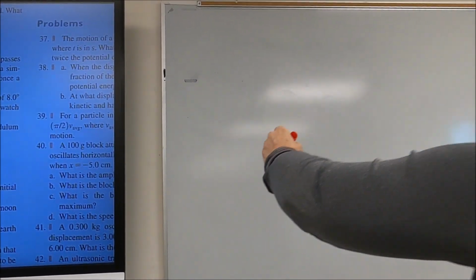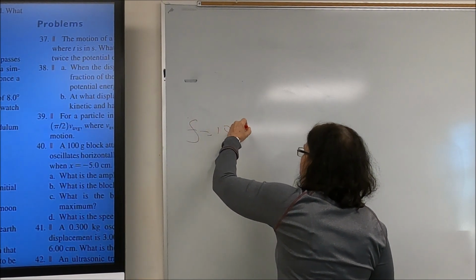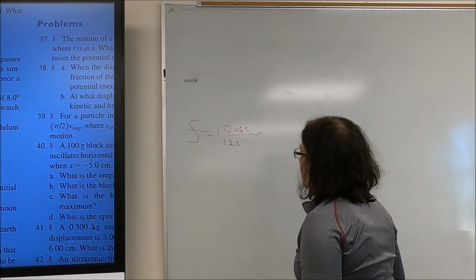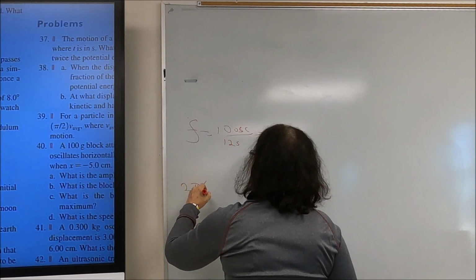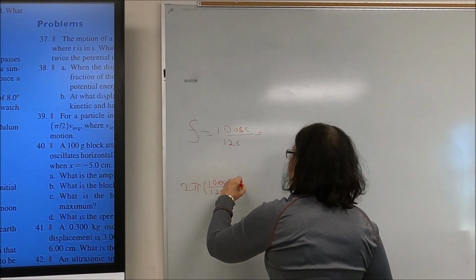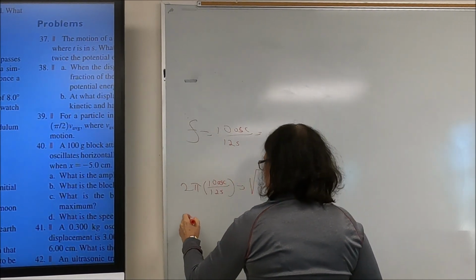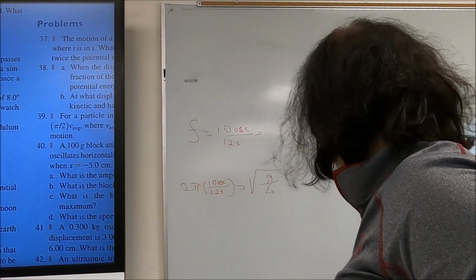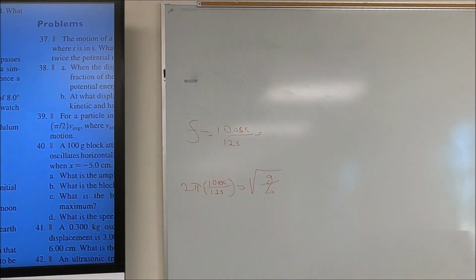Okay, so our frequency is 10 oscillations in 12 seconds. And that means that 2 pi times 10 oscillations over 12 seconds has to equal the square root of g over L. So I'm going to go ahead and multiply that through on my calculator.